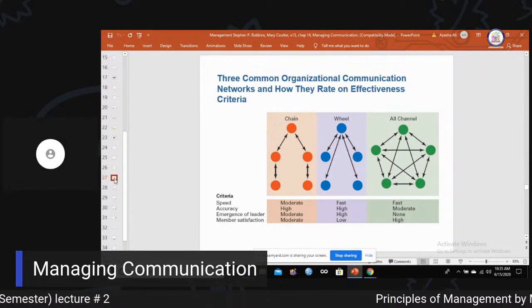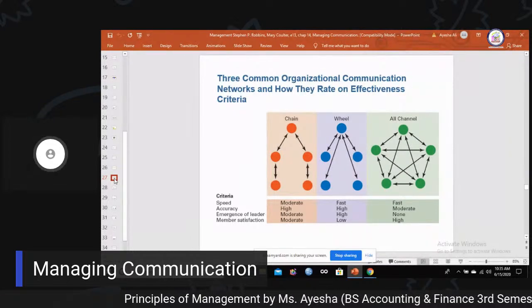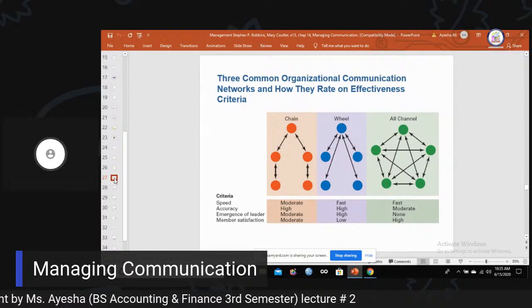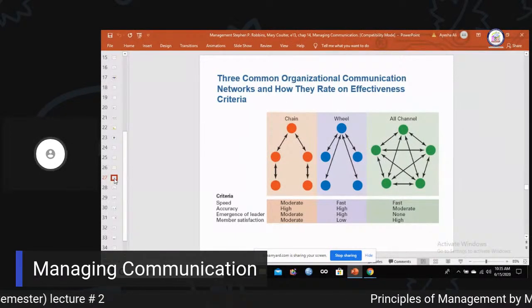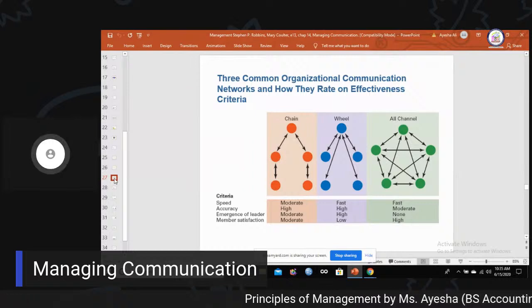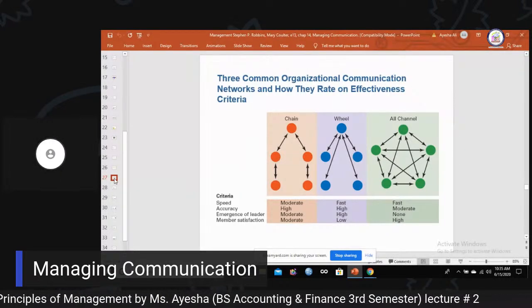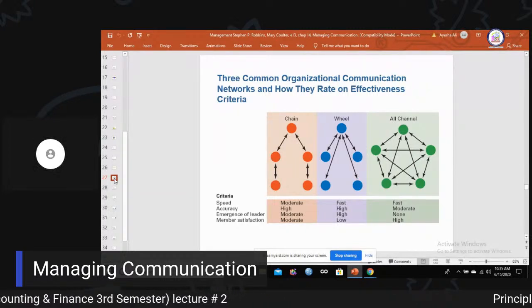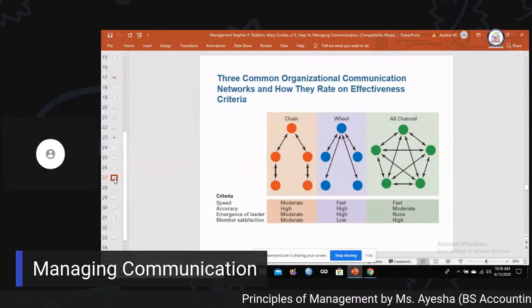The wheel is fast because the boss is directly approaching everyone, so it increases the speed of this network. Then we have all channel. All channel is also fast because anybody can approach the receiver anytime and in any way. So it also increases the speed of this network.